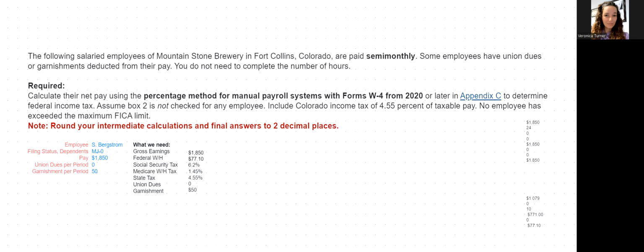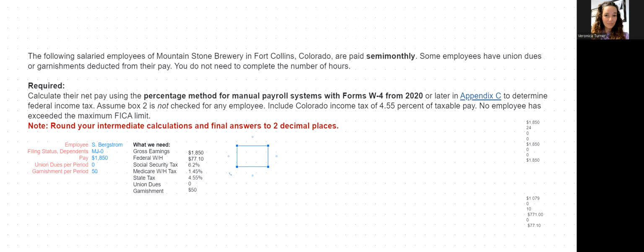All right, so we have our gross pay, which equals, I'm just going to put the dollar amount so it all kind of lines up. So 1,850. We know his federal withholding is going to be a minus, right? So we're going to subtract out the $77.10.